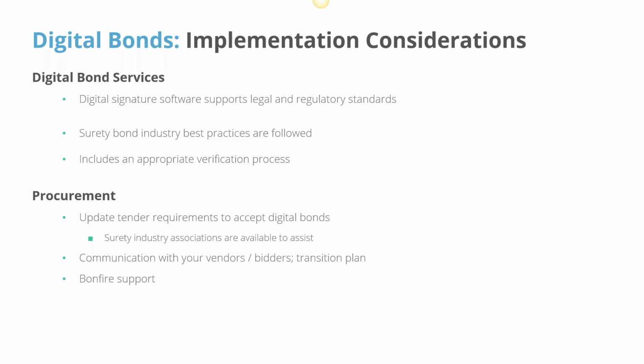But if you're considering moving into e-bonds, the tender requirements need to be clear in terms of what a digital bond is and what you're expecting. I would recommend reaching out to the applicable bond industry, and they'll be more than happy to help you with structuring language that's consistent with their best practices and guidelines.